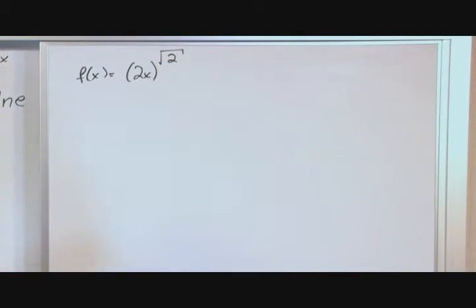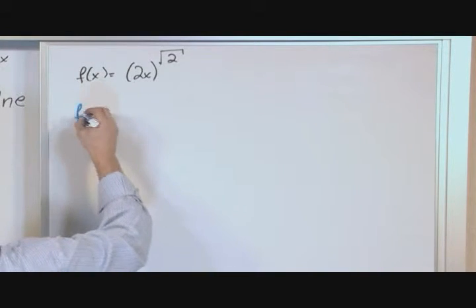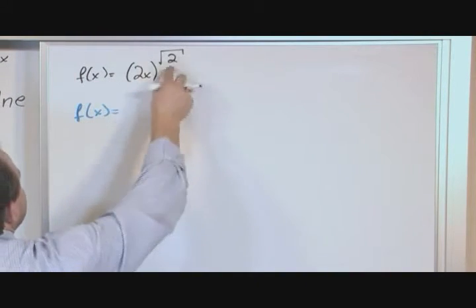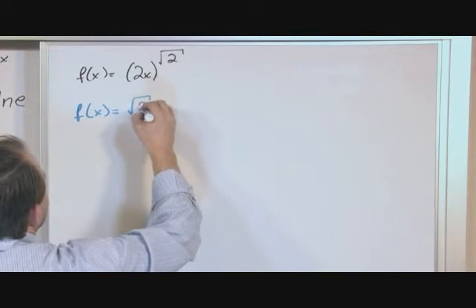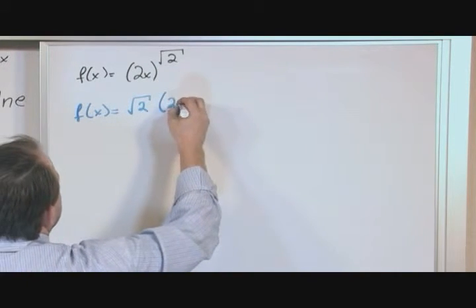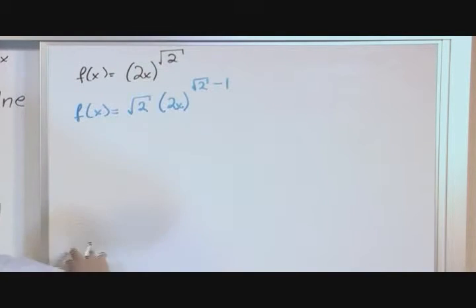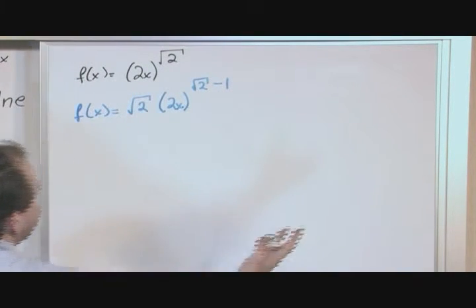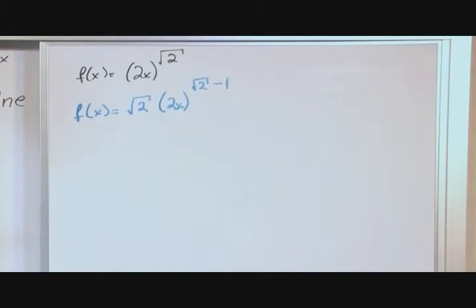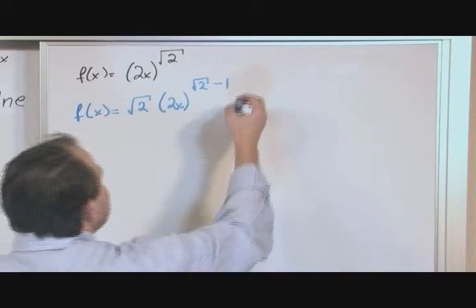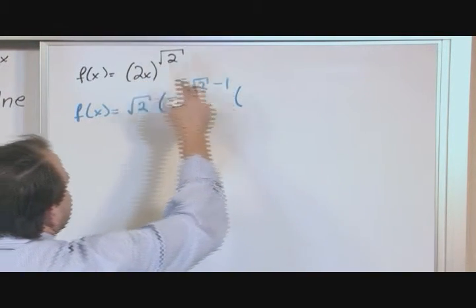The way you do it is f of x, you take the exponent down, square root of 2 times 2x to the square root of 2 minus 1. You subtract 1 off of the exponent, just like x squared. 2 comes down, subtract 1 off of the exponent, and then you have to multiply by the derivative of the inside, which is 2.